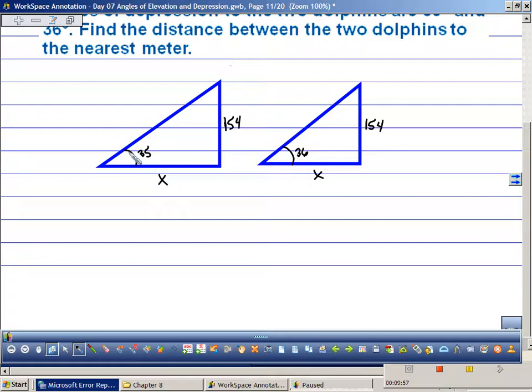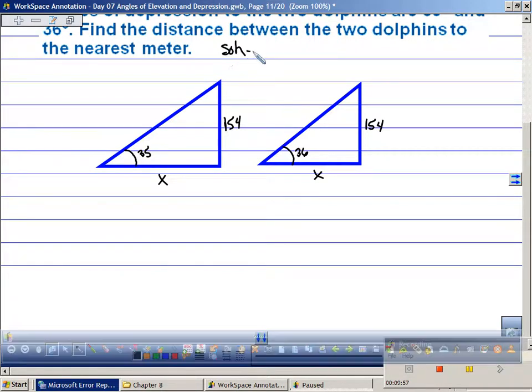So, yes, the x. So we're talking about SOHCAHTOA. So what are we talking about? Opposite over adjacent, right? Is there an adjacent over opposite?